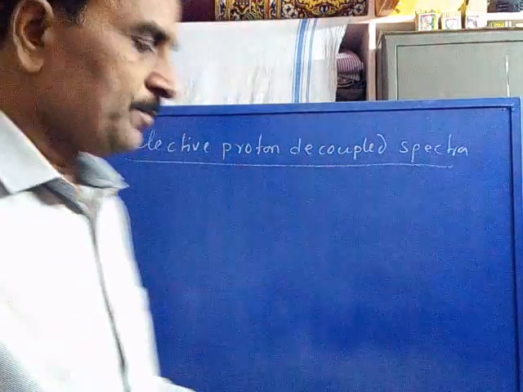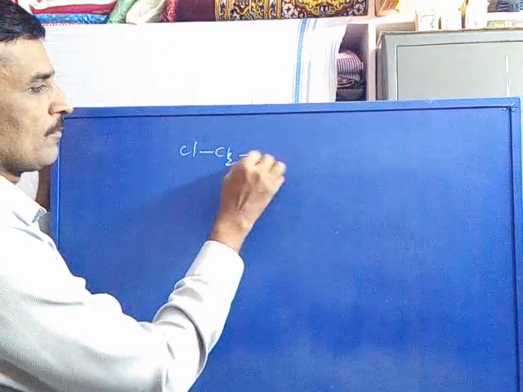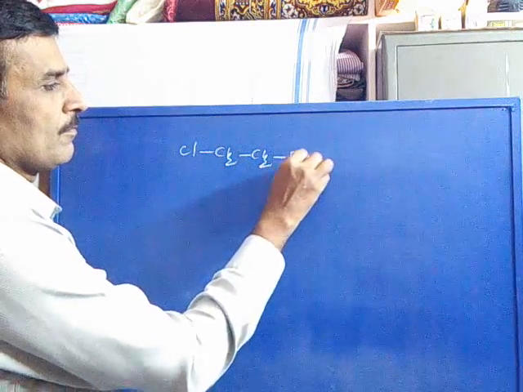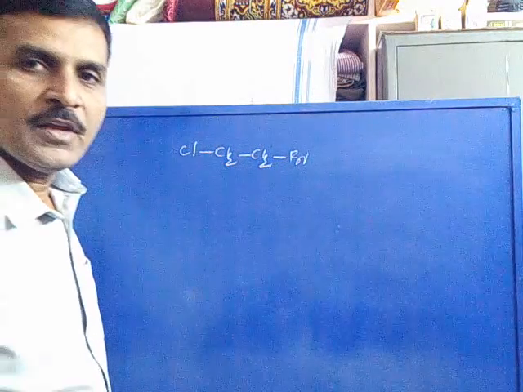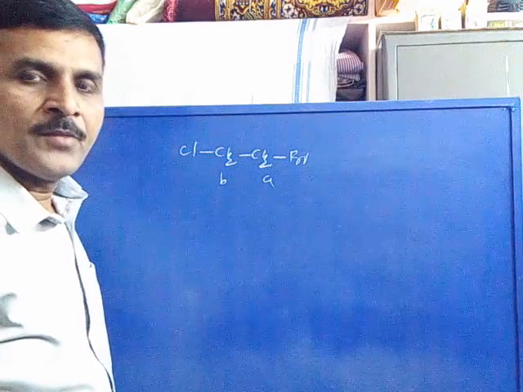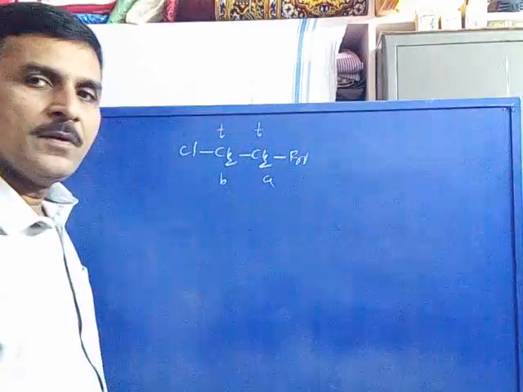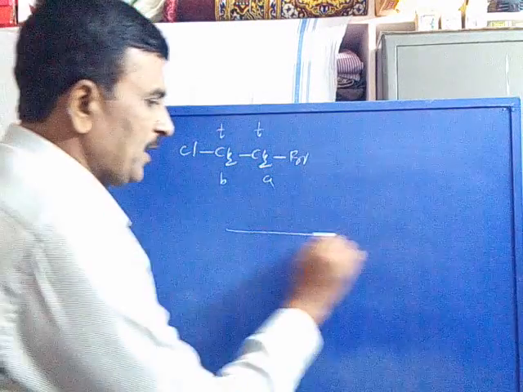For example, you take chlorobromoethane. This is A carbon, this is B carbon. Each carbon bears two hydrogens, therefore triplet and triplet. Two triplet signals appear.